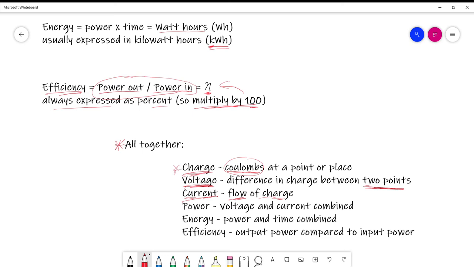Piling up charge at a point, and then a difference between 2 points is the voltage, and the flow of the charge would happen if you have the difference here. You need a difference. First of all, you need an imbalance that wants to equalize. And then what do you need? Can you remember? You need a path. So if you have the imbalance that wants to equalize, and then you provide a path, you'll get current flowing.